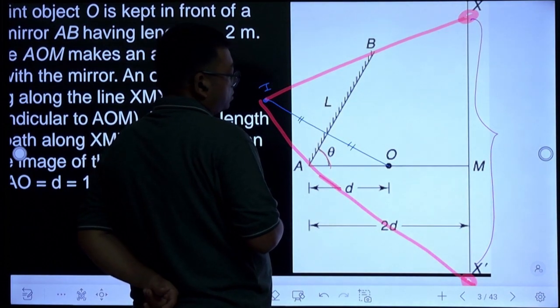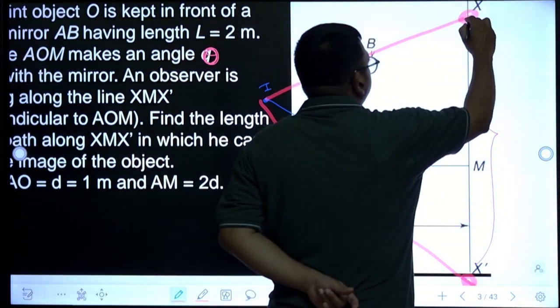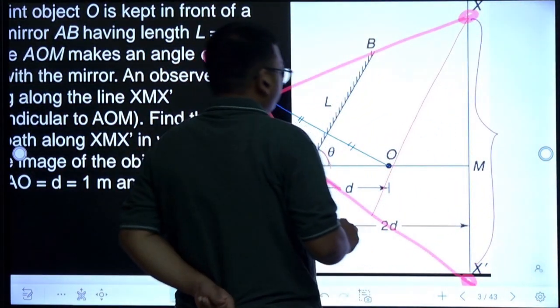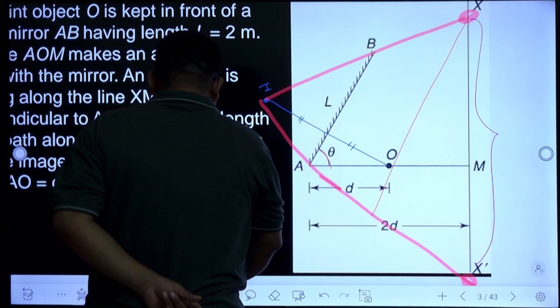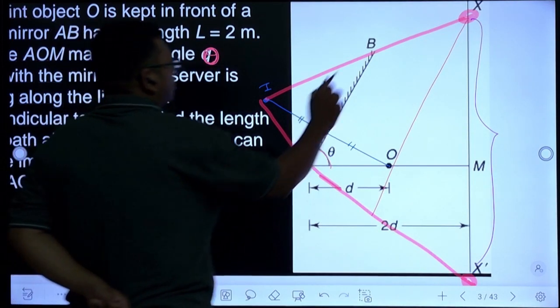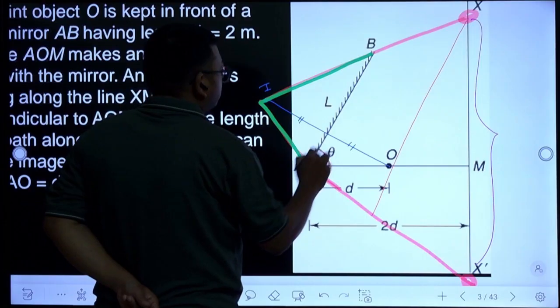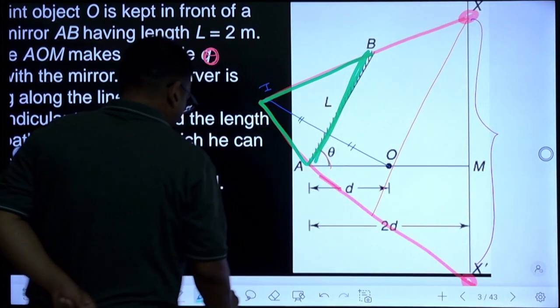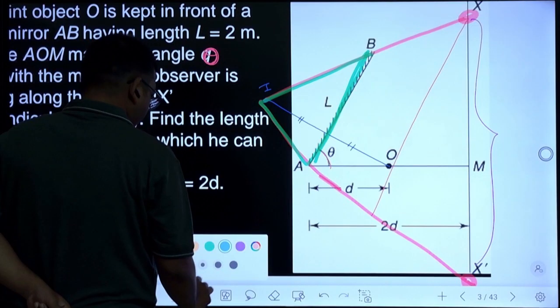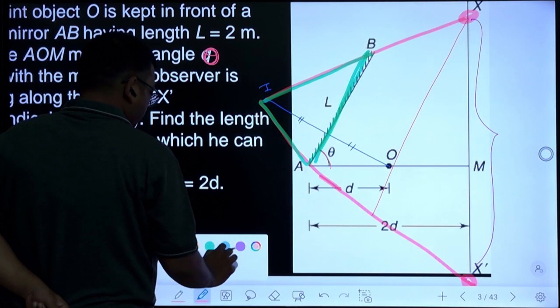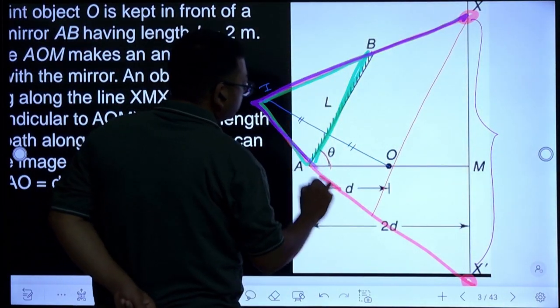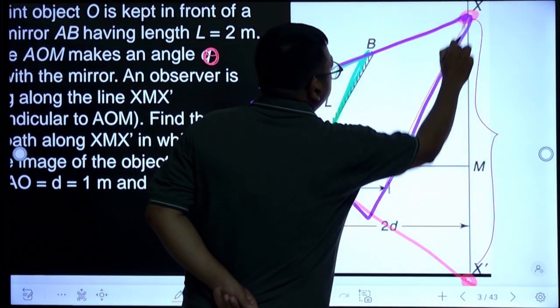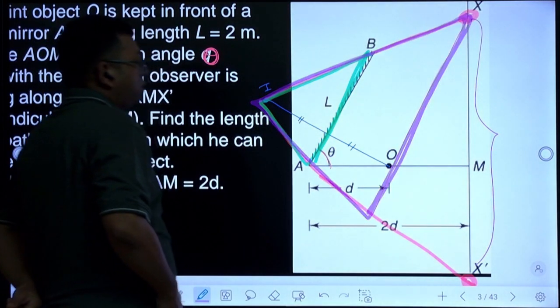How to do? Can I make a parallel line like this? If I make a parallel line, then definitely this triangle and this triangle will be similar, isn't it? Because I can make it parallel to this, right?